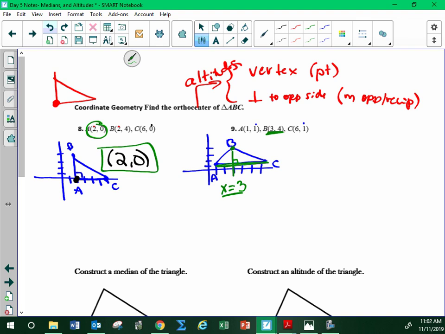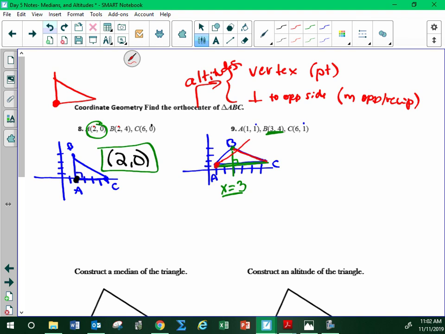Now we have to find the equation for another one of our lines. It doesn't matter which side you use. I'm just going to use side BC. I always have a hard time drawing my altitudes, but we're just drawing it to have an idea of what we're doing here. So, vertex opposite.